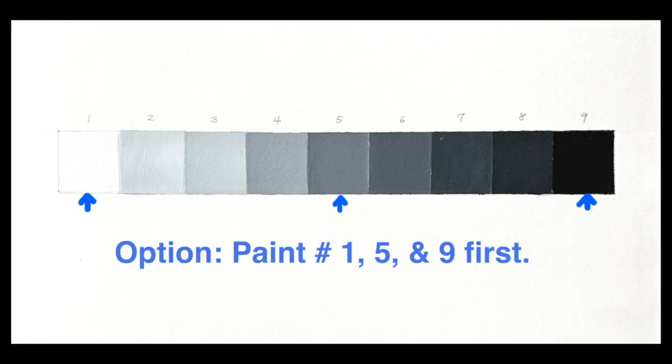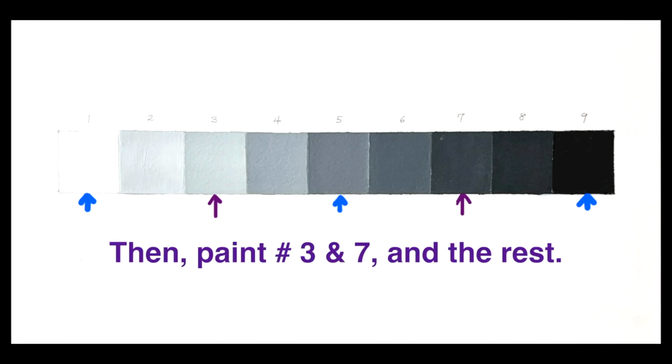One helpful approach is to establish the lightest value, the middle value, and the darkest value first. Then you can fill in the remaining steps between them. This method often helps prevent uneven spacing between the values. Now fill in the rest, keeping each transition evenly spaced without sudden jumps.